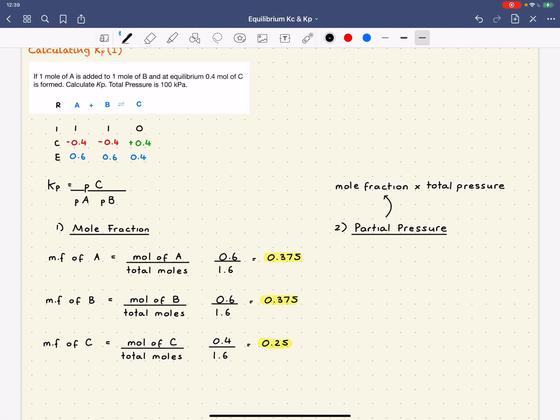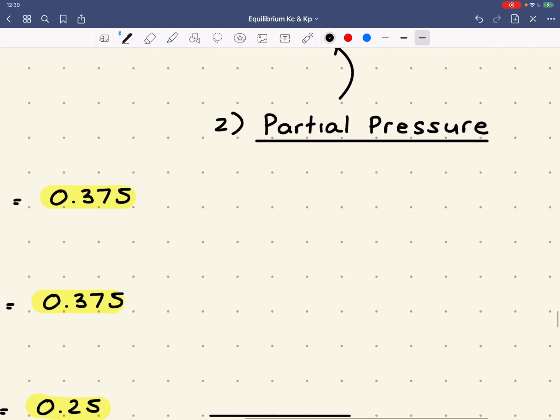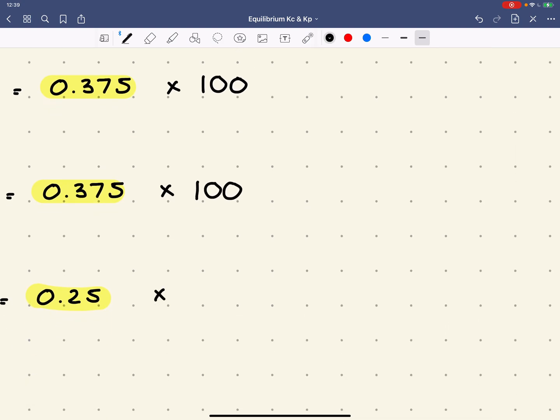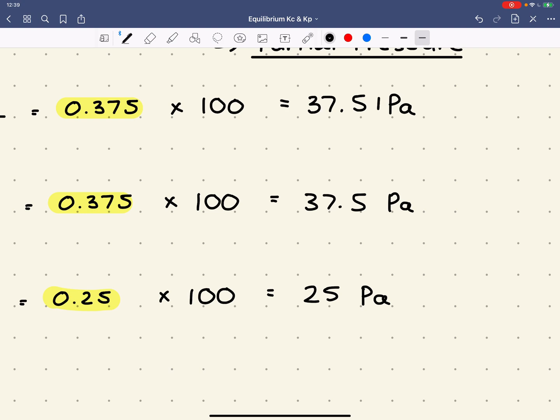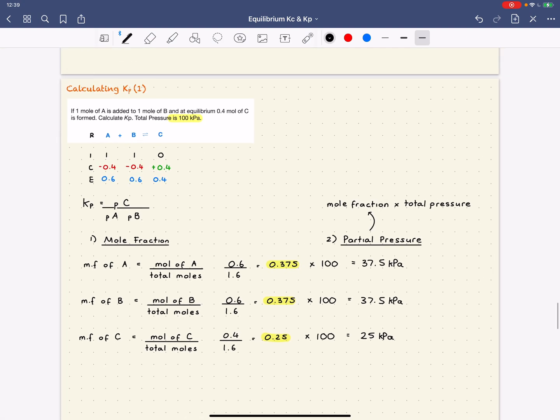Now, I've been told in the question that the total pressure is 100 kilopascals. So to get the partial pressure, I multiply each of these mole fractions by 100. And that gives me 37.5 for each of A and B, and 25 for the partial pressure of C. And these would be in kilopascals, the same units as the total pressure is given in.